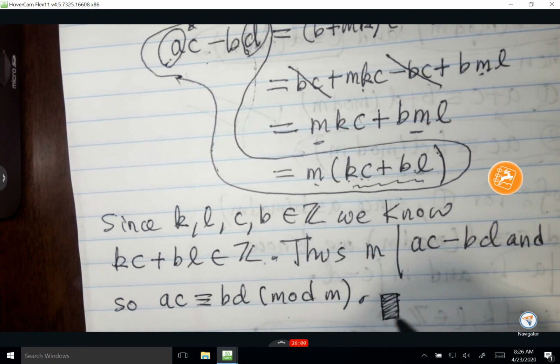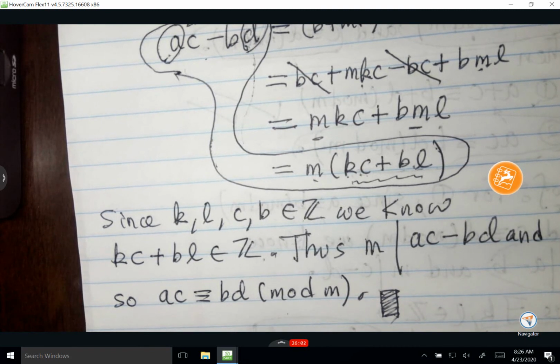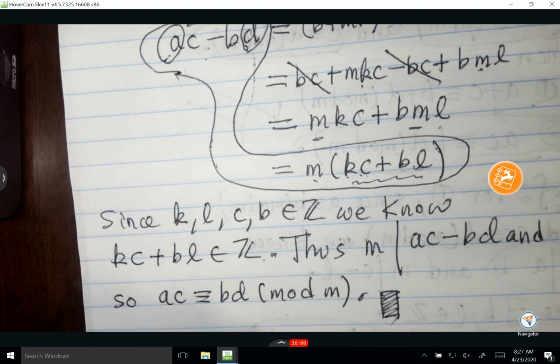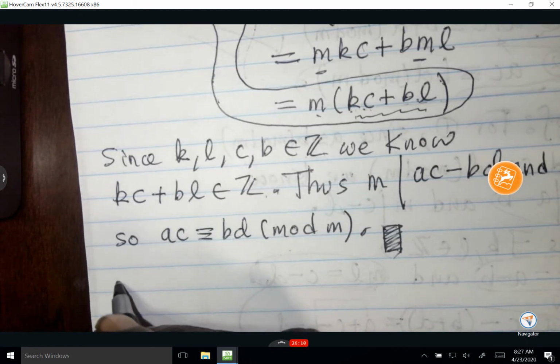That's the second thing. With that being said, these are homework problems, things to prove about divisions and modularity. It's in 4.1.